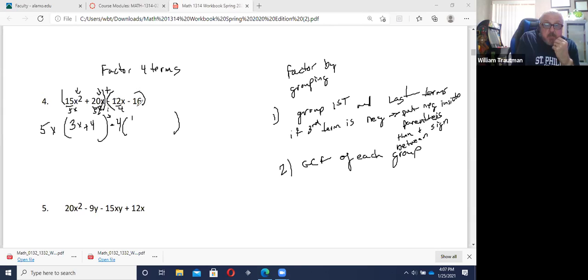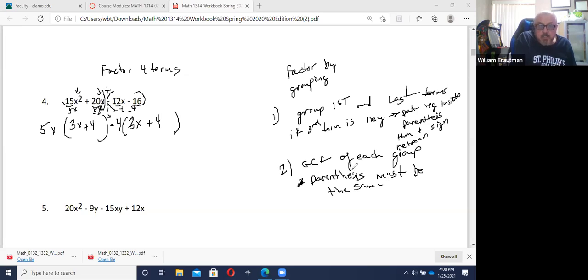If I divide both of these by negative 4, negative 12 divided by negative 4 is 3x, and negative 16 divided by negative 4 is a positive 4. After you GCF out of each group, look at this star: the parentheses must be the same. Look at our parentheses, 3x plus 4 and 3x plus 4. The parentheses must be the same, or you can't continue with factor by grouping. You're done. It can't be factored.